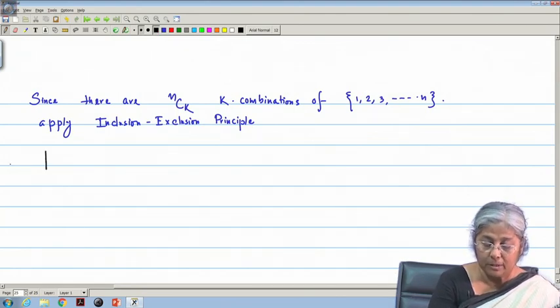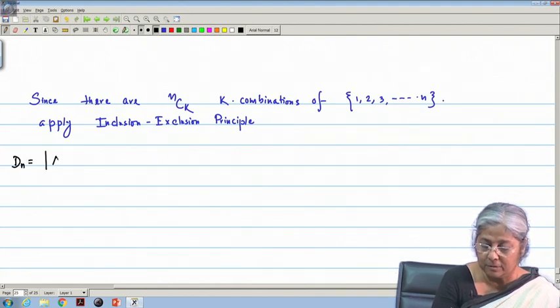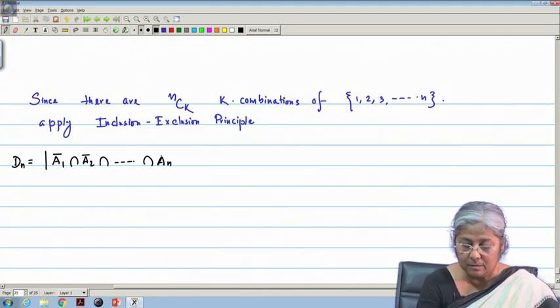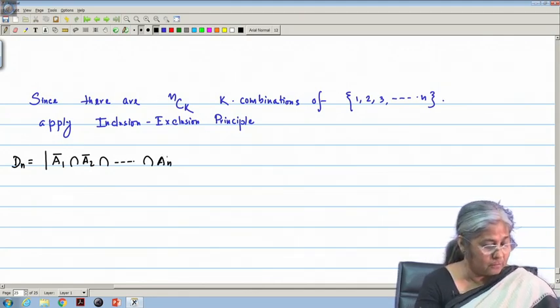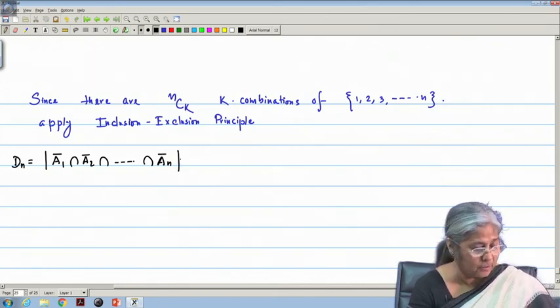Because already we have seen that dn I can define as nothing but a1 complement intersection a2 complement and so on up to an complement.